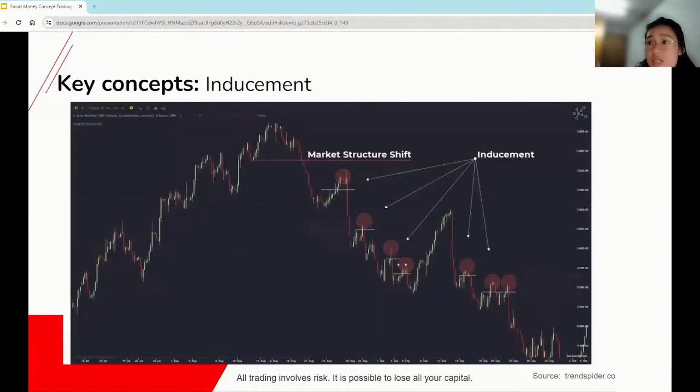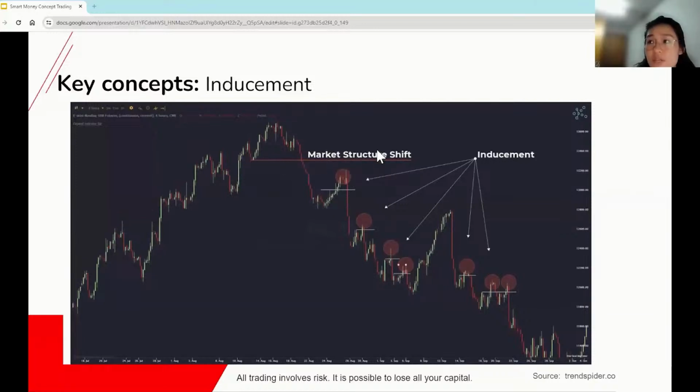Okay, you can see here our market structure shift starts about here, when price breaks below this swing low. So we can see this downtrend start. Before that, there's an uptrend, and once there is a recognizable switch, that gives us our market structure shift.